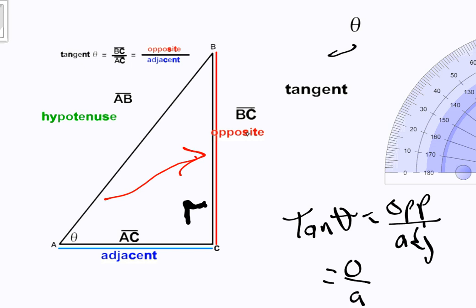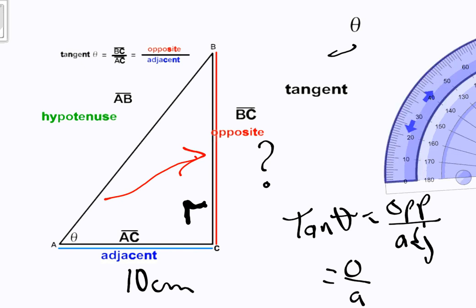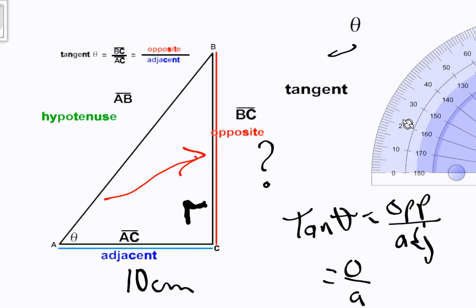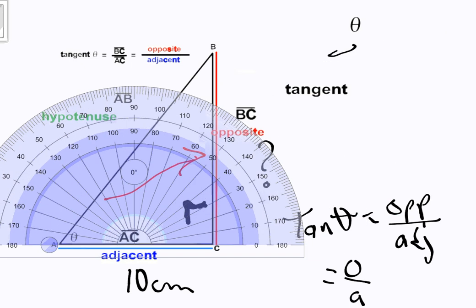First of all, we're going to have to know one side. So if I told you that that side was 10 centimeters, we want to figure out what is that side. Well, here's what you do. You take a protractor, and we need to figure out what this angle is. I want to move this protractor here.